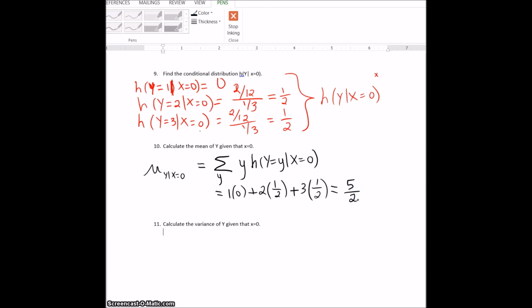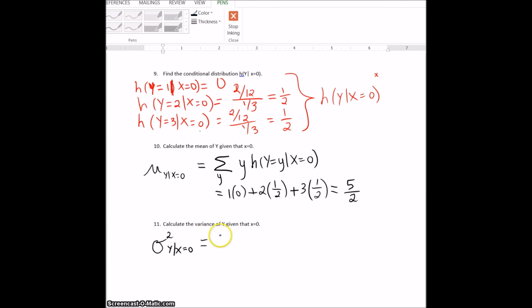Now to calculate the variance of y given that x is equal to 0, whoops, I just wrote mean again, didn't mean to. Get rid of that mean and change it to the variance, sigma squared.